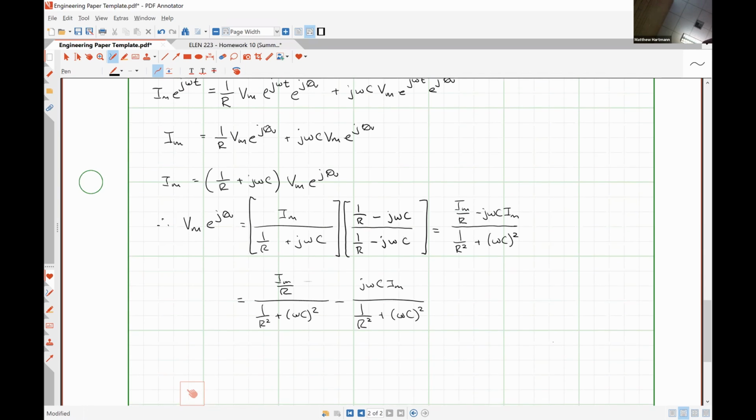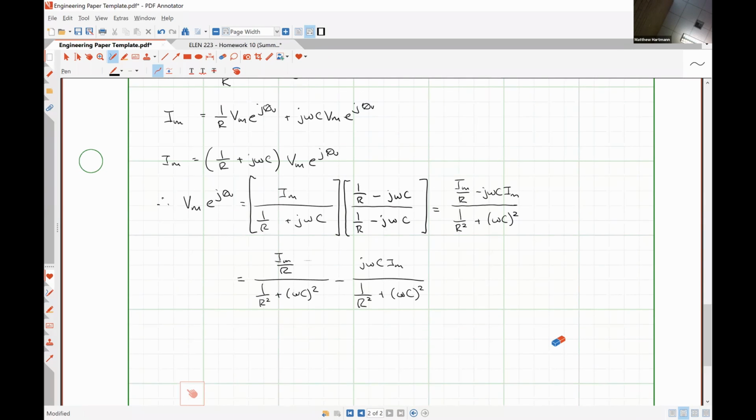So now that I have my right-hand side in a more explicit rectangular form, how would I determine the magnitude of this complex number?